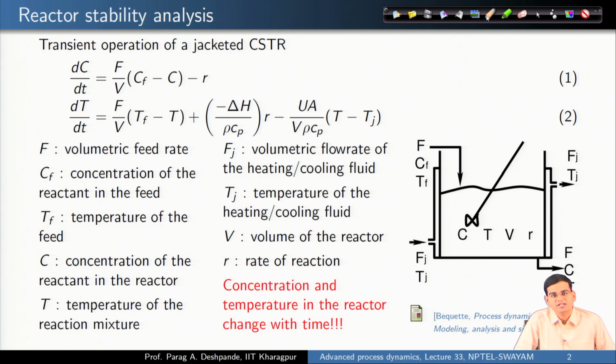We can see that this particular set of equations are in fact nonlinear equations. When we plug in the rate expression in this particular equation, then we will see that the system is highly nonlinear, and then we will try to understand the dynamics, especially the dynamics around the steady state. So, before we go into the details, let us first try to understand what the system is really about, what are the various assumptions under which these particular equations would remain true, and what are the assumptions and approximations under which we can do the dynamical analysis.